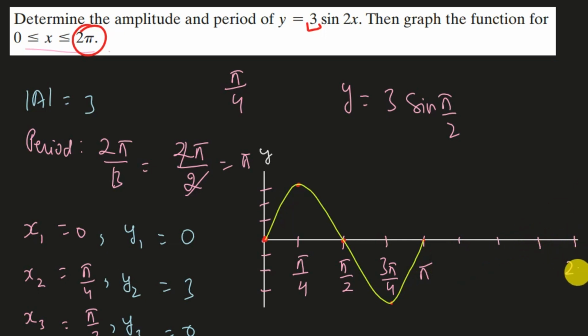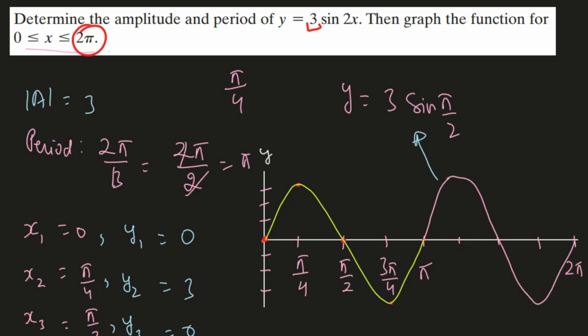So this point would be 2 pi. Now you can repeat this curve, so it will go to the maximum point and then back to 0, and then again the negative minimum point, and then here. So this curve is just a repetition of the previous curve. So this is the curve that represents y equals 3 sine 2x between the interval 0 to 2 pi.